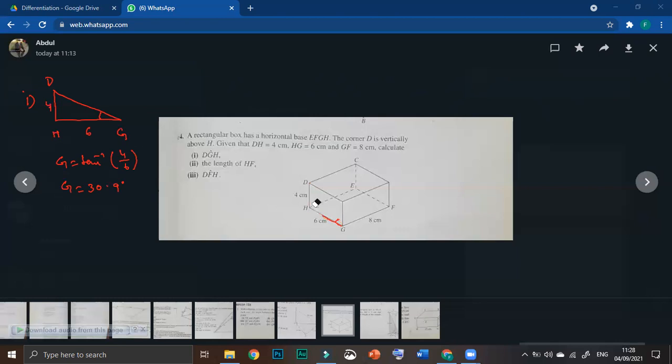Is there any question about this? No, sir. Okay. Now, the length of HF. We want to find out this length HF. Which right angle triangle we will use to find out the length HF?